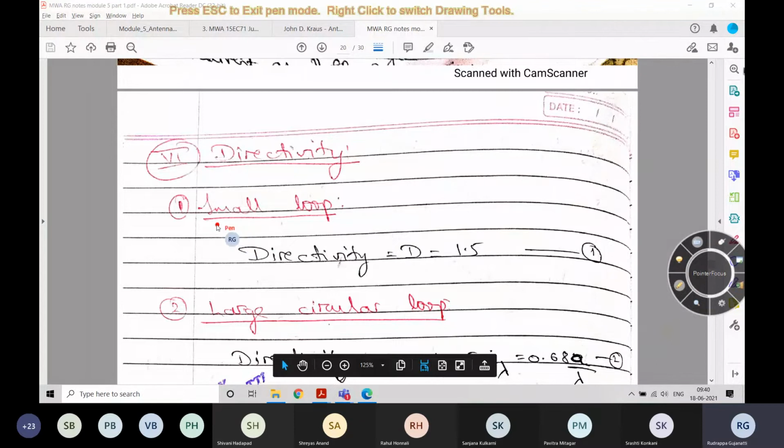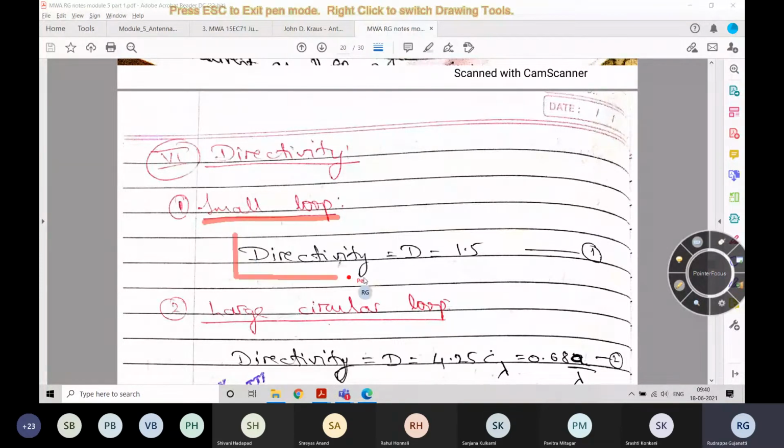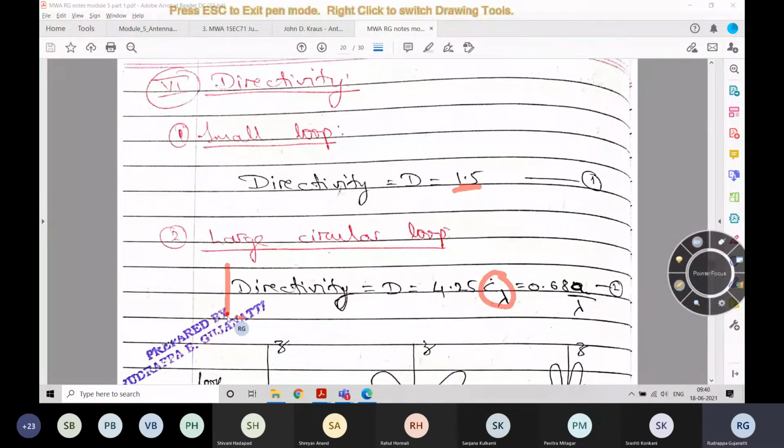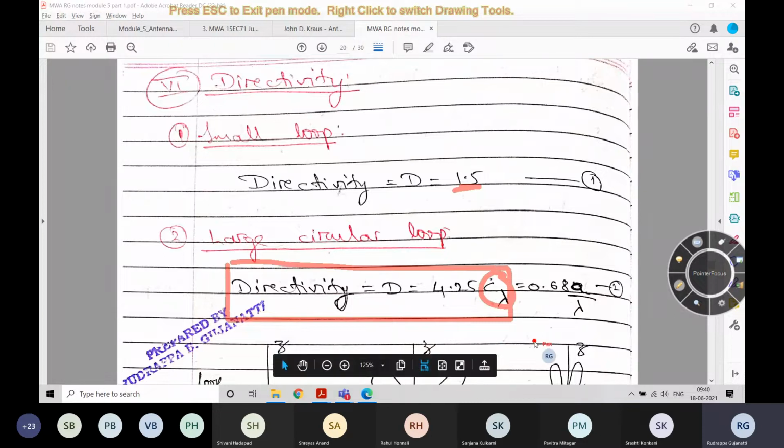Now, what is the directivity of the antennas? The directivity of the small loop antenna is given by 1.5, whereas for the large loop, we have directivity associated with the c by lambda value. Here it is a constant value, but for large loops it turns out to be 4.25 into c by lambda.